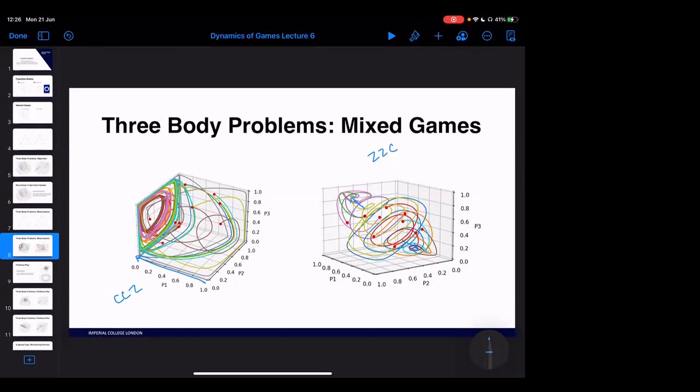Now, again, as I said, this is representative of the sort of thing you would expect, but I'm really hoping that soon as we progress, this open question gets answered. Evolutionary dynamics is pretty well understood in bimatrix games. It's been studied for 40 plus years. So there are obviously gaps in that theory, but for the most part, it's understood. Not so much when you introduce the three-body problem.